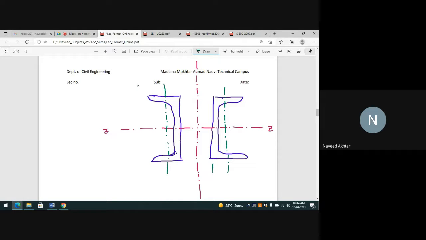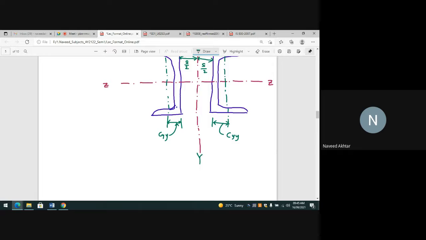This distance is called CYY. If the distance between the two channel sections is denoted S, then from the center of the minor axis it will be S by 2 on each side. This is our main member section y axis.